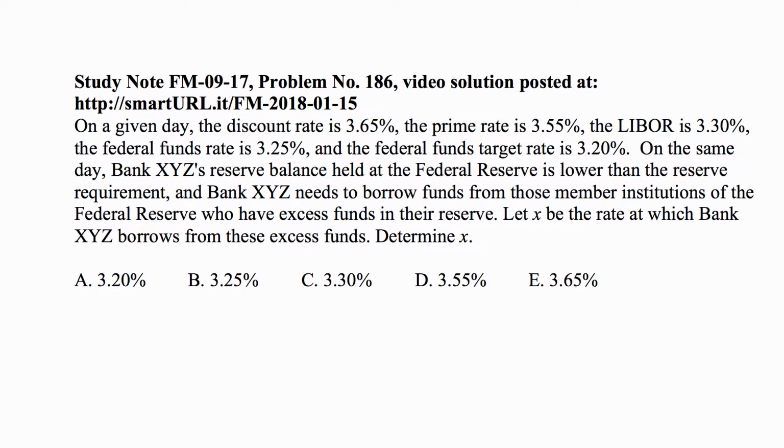Here is a practice problem for exam FM on financial mathematics. On a given day, the discount rate is 3.65%, the prime rate is 3.55%, the LIBOR is 3.30%, the federal funds rate is 3.25%, and the federal funds target rate is 3.20%. On the same day, Bank XYZ's reserve balance held at the Federal Reserve is lower than the reserve requirements, and Bank XYZ needs to borrow funds from those member institutions of the Federal Reserve who have excess funds in their reserve.